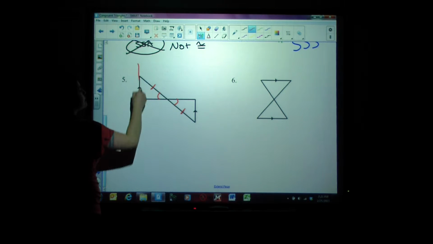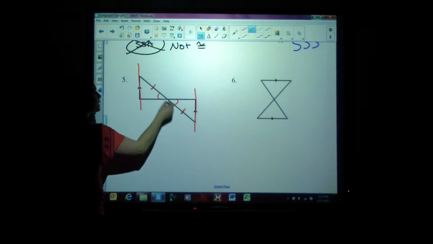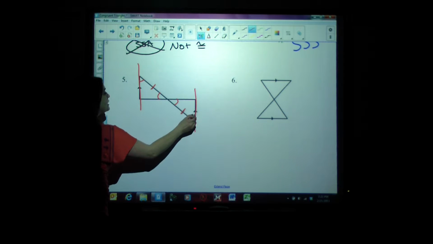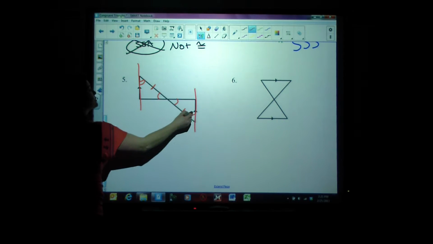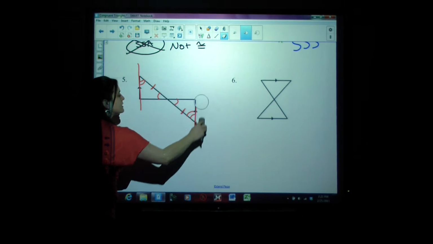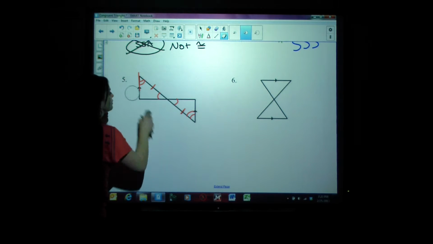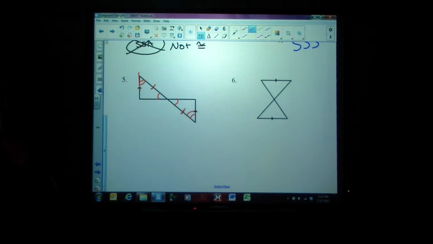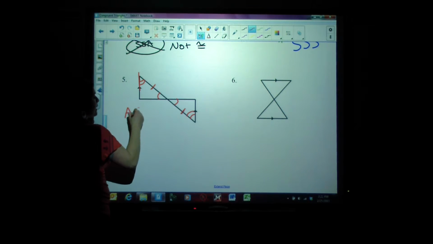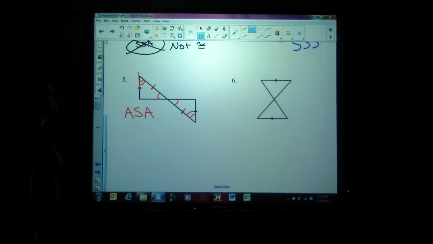Also, let's look at these parallel lines cut by a transversal. These would be alternate interior angles, and I know alternate interior angles are congruent on parallel lines. So, do I have enough information to prove that these are congruent? The answer is yes. How do I know that? In this case, I have angle, side, angle. So I have enough information.